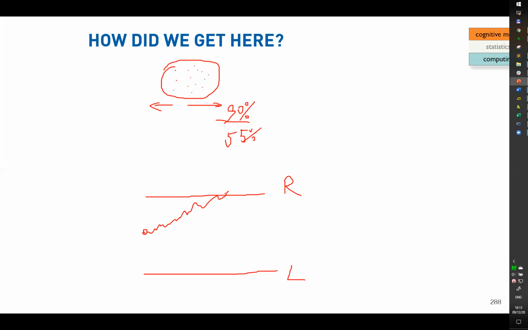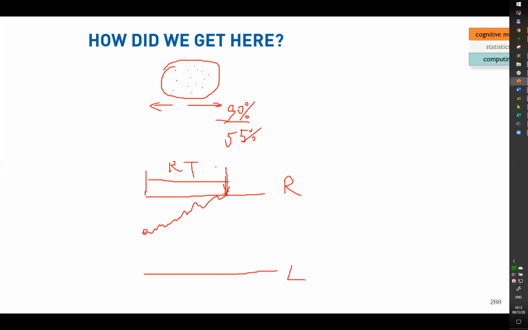Goes here, here, until the evidence is accumulated above a threshold, okay? So when the evidence accumulation crosses the threshold, then the decision is made. And the difference between the beginning and the time the decision is made is the RT, simply, right?